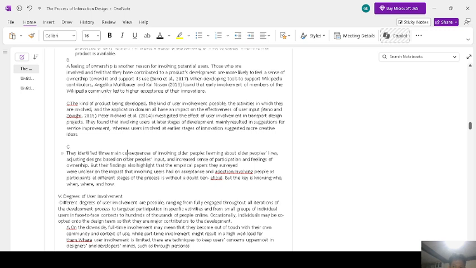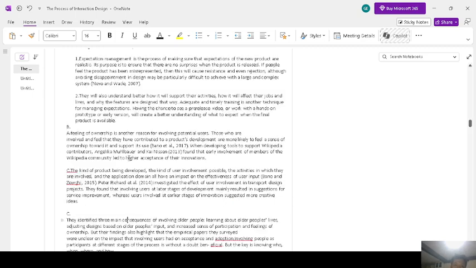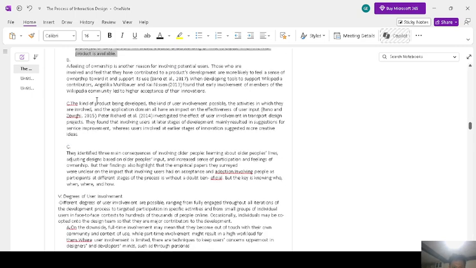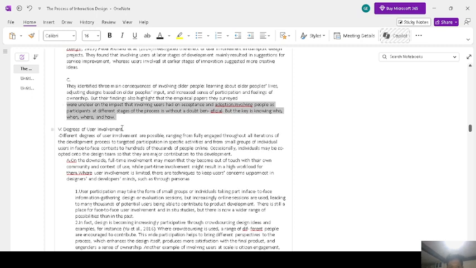So the early stage provides early feedback that allows you to see what other options are available for the design. So the product owner could use these two tactics to enhance the design process. They identified three main consequences of involving older people: learning about older people's lives, adjusting design based on older people's input, and increased sense of participation and feelings of ownership.